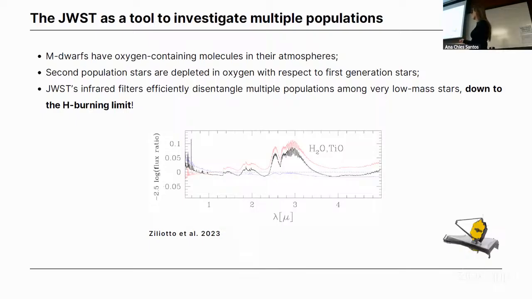So for example, here I show what we tested for a paper that I published on M92. So we know that second population stars are depleted in oxygen with respect to first population stars. So we can use these bands that are sensitive to these molecules containing oxygen to separate the populations among M-dwarfs.